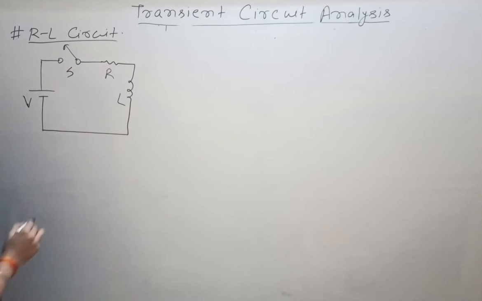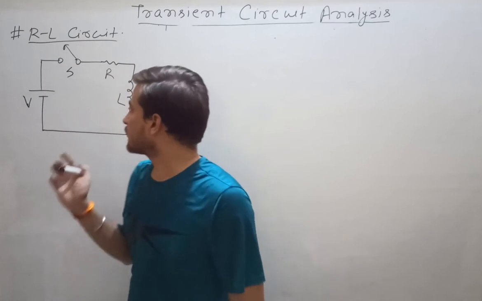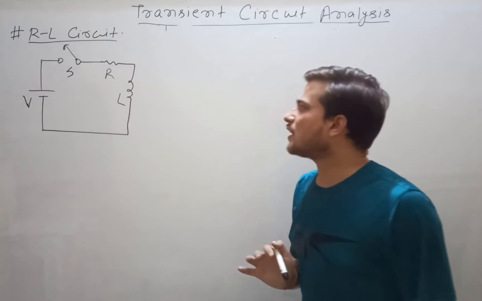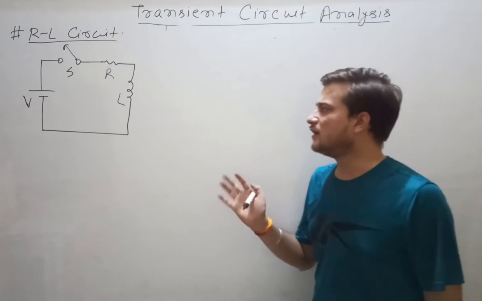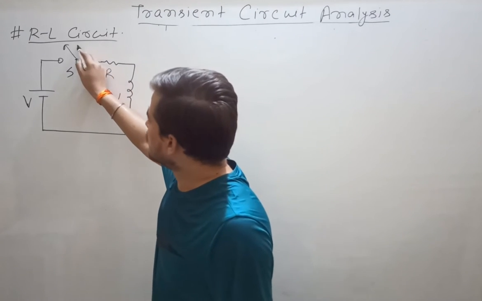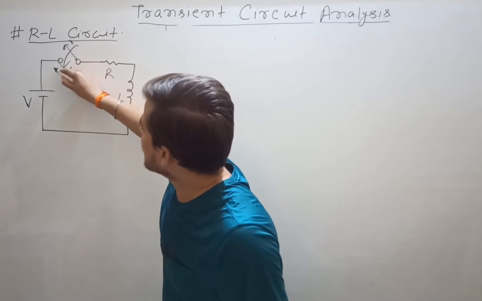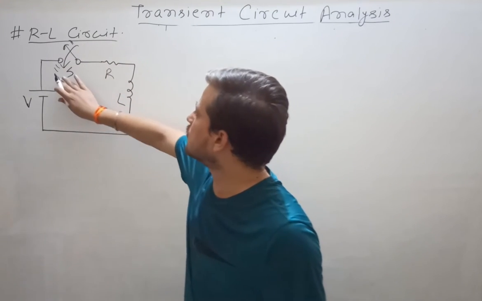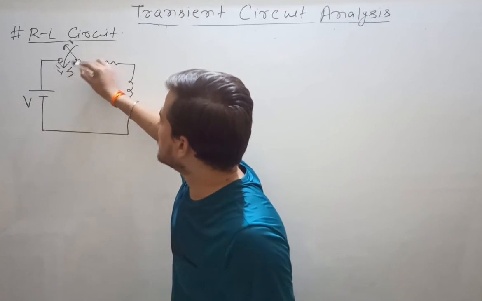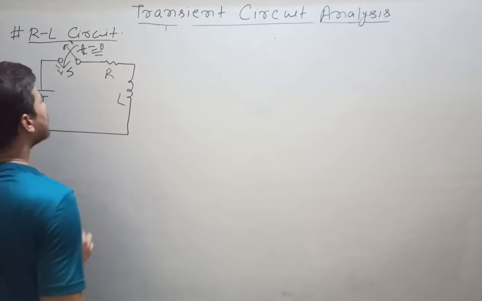So what do you see? Initially no current was flowing through this circuit. Initial conditions were 0. Now somebody is saying you to move this switch from position 1 to 1 dash at time t equal to 0. So this switch is being closed at time t equal to 0.